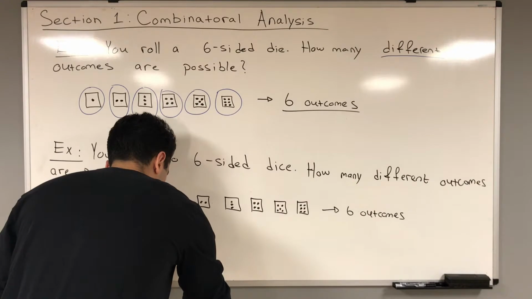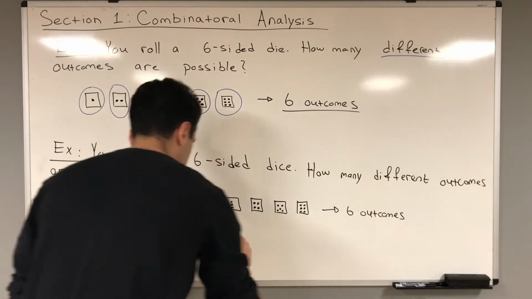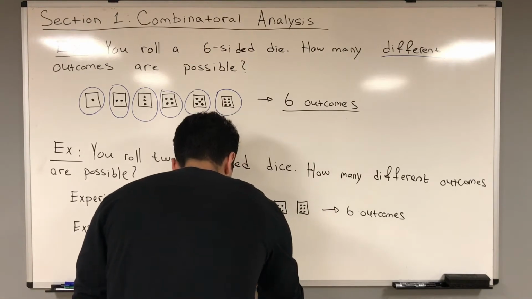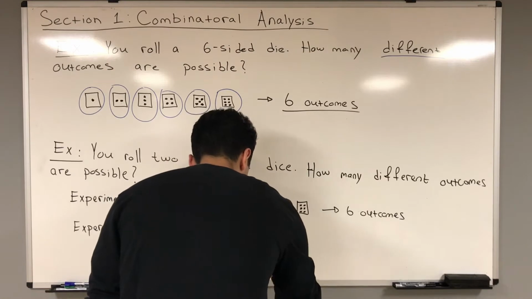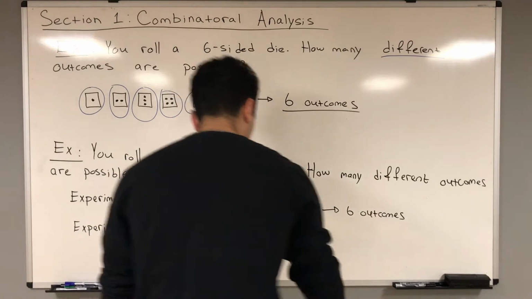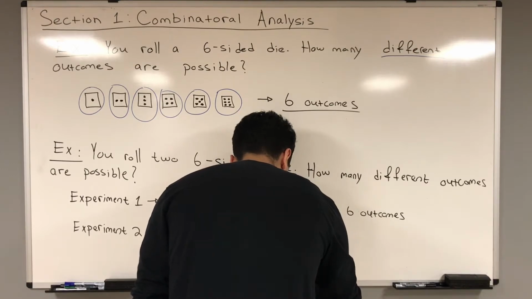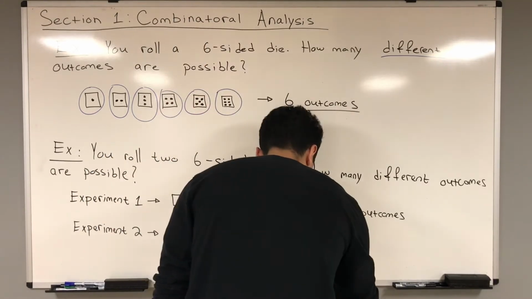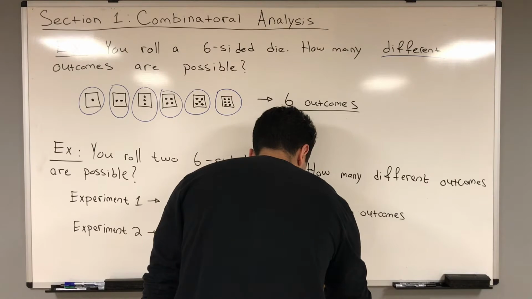So here's your second die. 1, 2, 3, 4, and then 5. Feel free to skip while I draw, unless you like to see my horrible drawings. And then we have our sixth face.